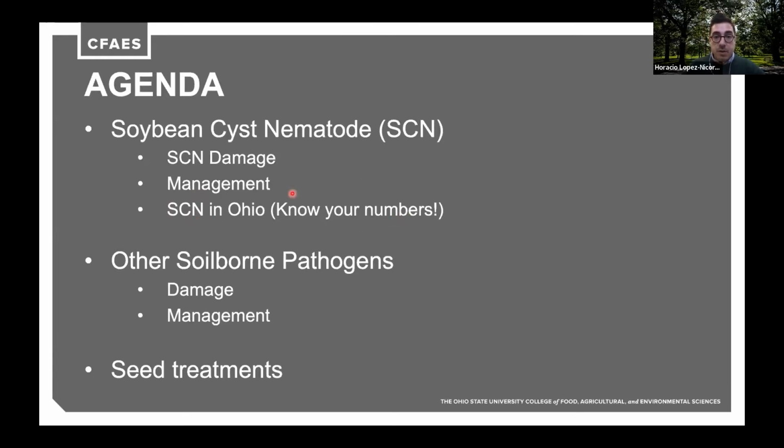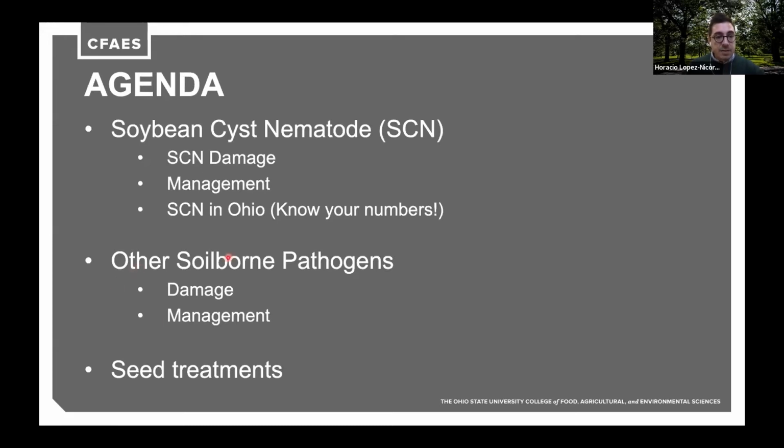our project, Know Your Numbers, funded by Ohio Soybean Council, United Soybean Board with the SCN Coalition. And we're going to talk about some options, alternatives that we're bringing to growers to take advantage of. We're going to talk about soil sampling and processing samples for Soybean Cyst Nematode in our lab.